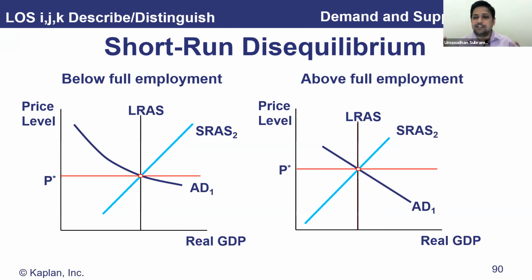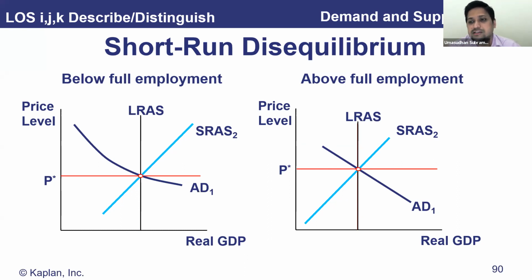So you understand, can your economy be in this equilibrium in the short run? Yes or no? This equilibrium means you are either below full employment GDP or above full employment GDP. Is that possible in the short run? Is it possible to be below full employment GDP in the short run?